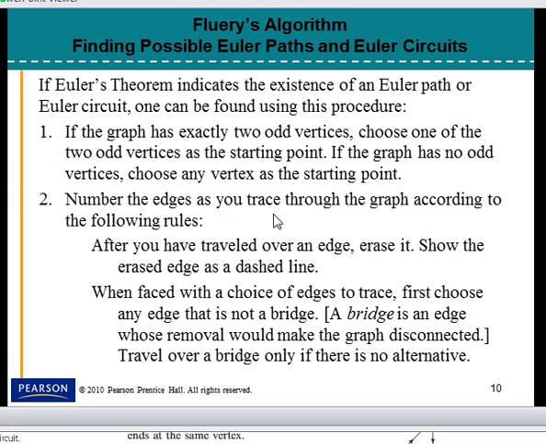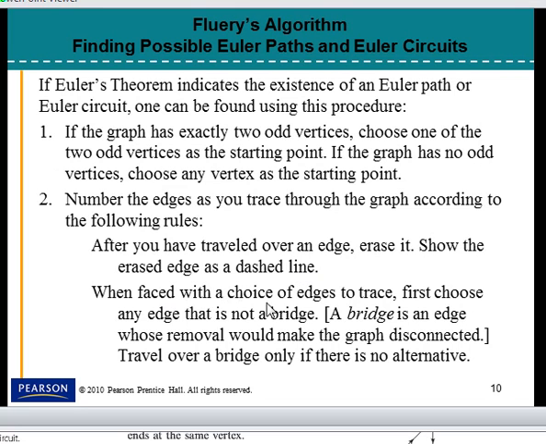Number the edges as you trace through the graph according to the following rules. After you have traveled over an edge, erase it. Show the edge as a dashed line. So this is a way to help you to keep track of things. You can also keep track of things by numbering the different edges that you go over.